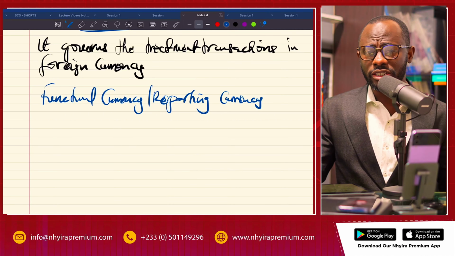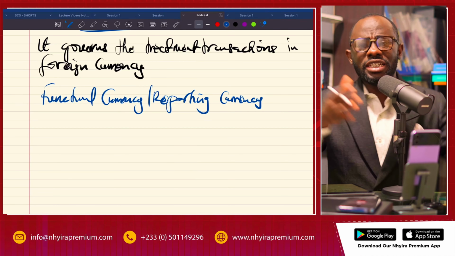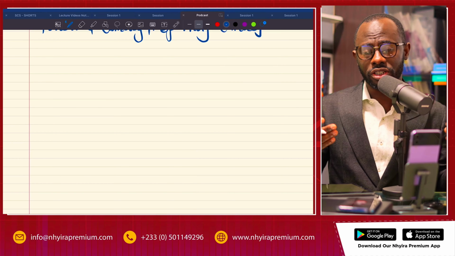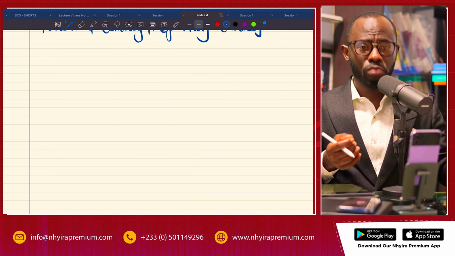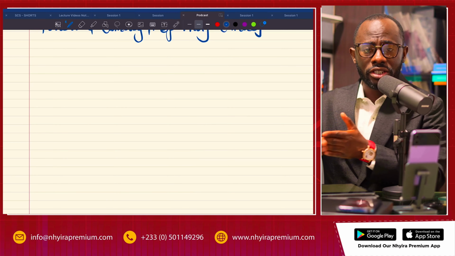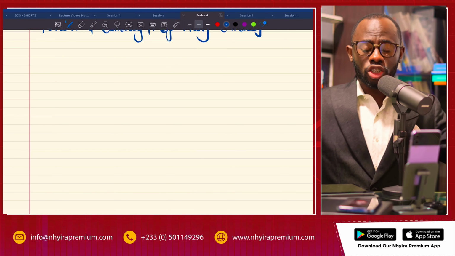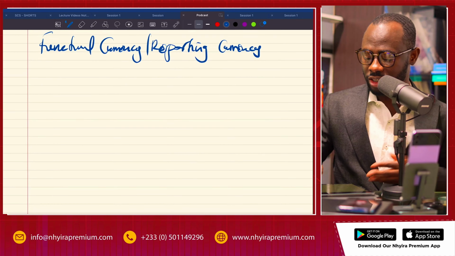The good news is that IAS 21 provides some guidelines on how we can determine it, because that is the starting point. It is only when we know the reporting currency or the functional currency that we can translate the transactions and know how to treat them.